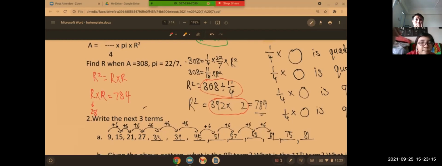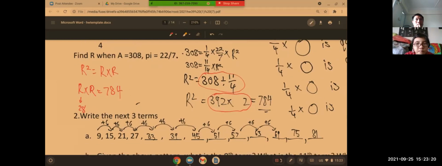You stop moving your screen. Where do you get your 392 times 2 from? You don't move your body. If you think you are wrong, you quickly just edit. Correct. What are you waiting for?